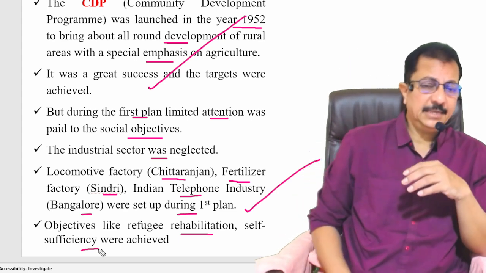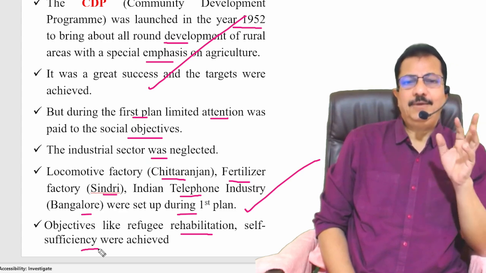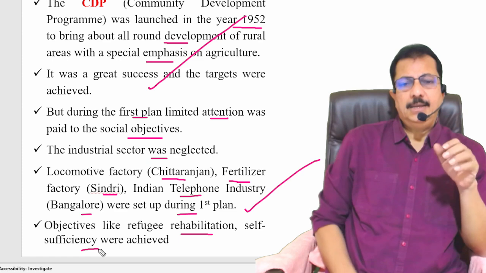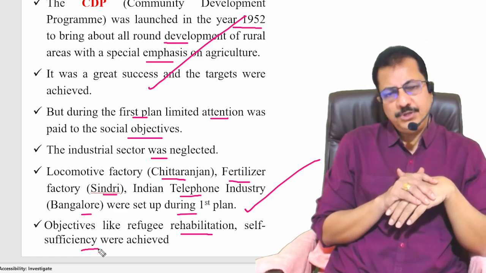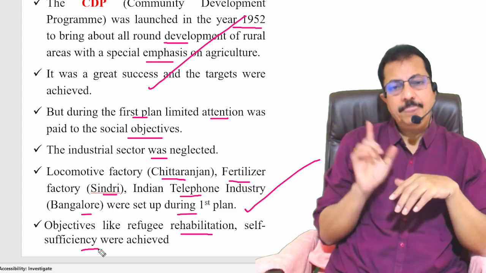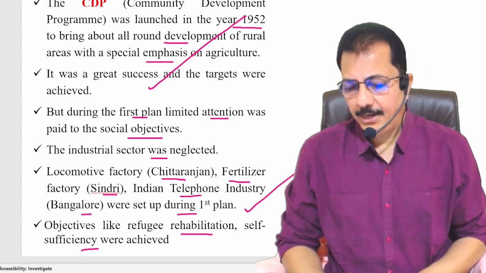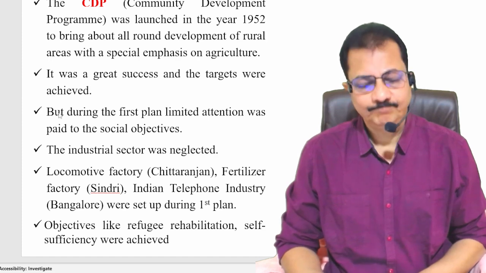But because of various reasons, some people could not come in time, and later they forcefully entered into India. Clear? They were all kept as refugees, and those refugees were rehabilitated during the first plan. Clear? Next. Even today we have this refugee crisis. Clear?